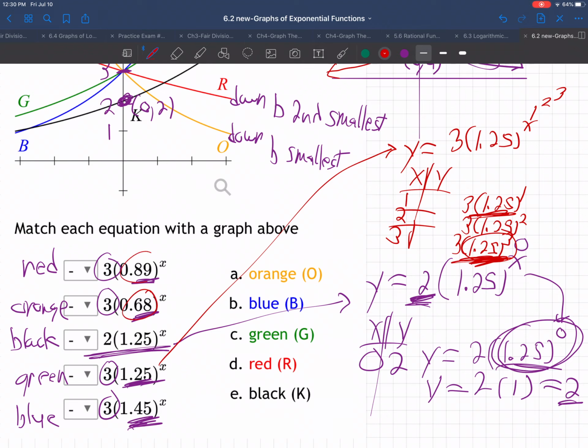Whereas over here, if you put in 2 or 3 for your x power, you're multiplying by something smaller than 1 repeatedly. If you multiply by a number less than 1, you're taking a fraction of it, and you're making it smaller. Think about 0.5. That's half. If you multiply by that twice, you take half and half again. So when you multiply by numbers smaller than 1, you make things smaller.